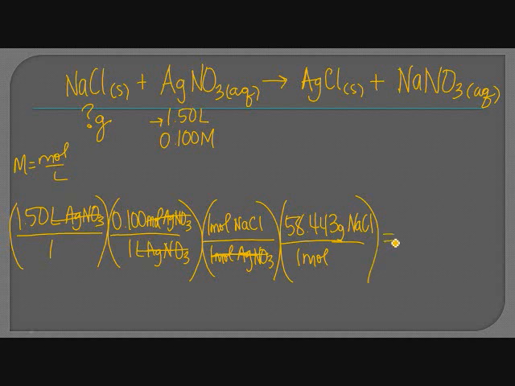And then when you get it, the correct answer is 8.77 grams of sodium chloride. Okay, so this is just another option of how you can combine different ways of solving using stoichiometry.